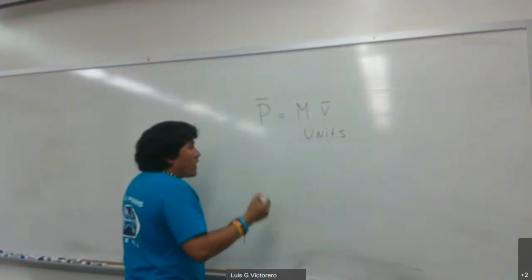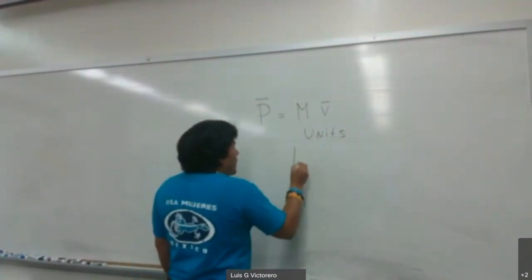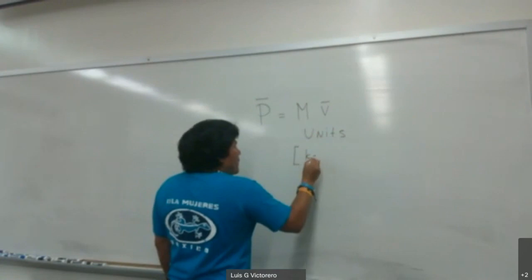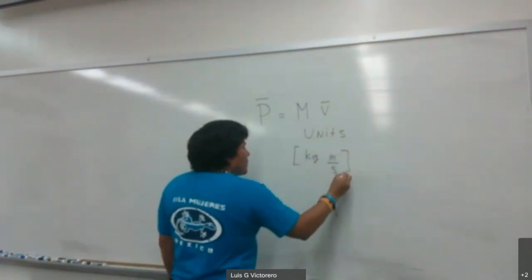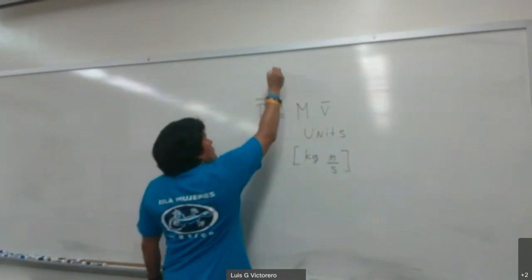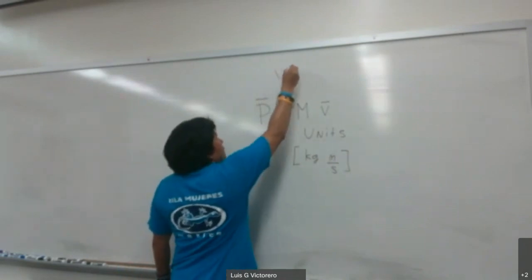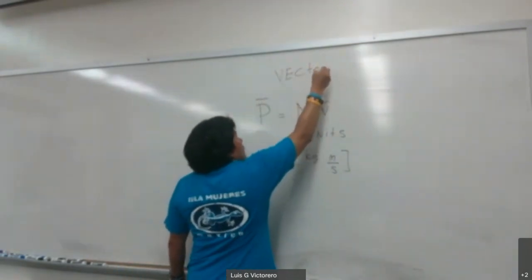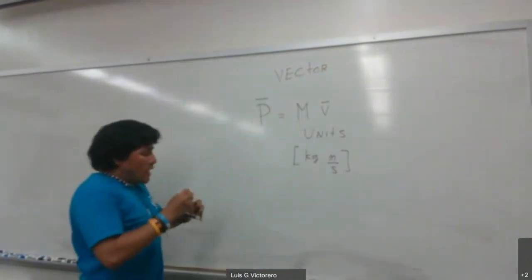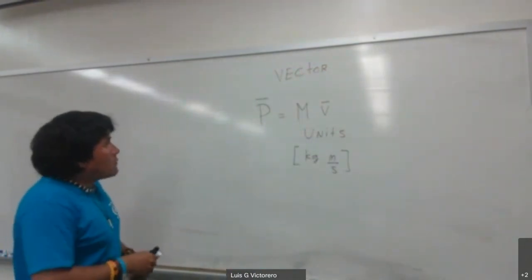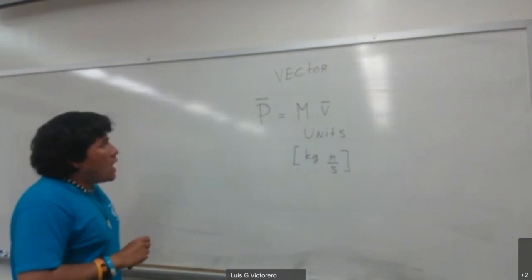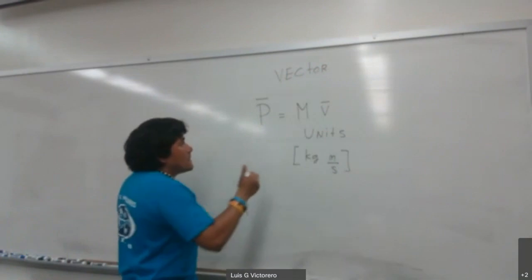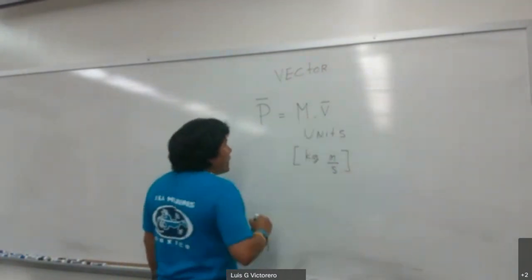Joules was for energy; for momentum it will be kilogram meter per second. It's a vector, it has magnitude and direction, and you will see when we start doing the examples or problems how we use this concept to analyze different systems.